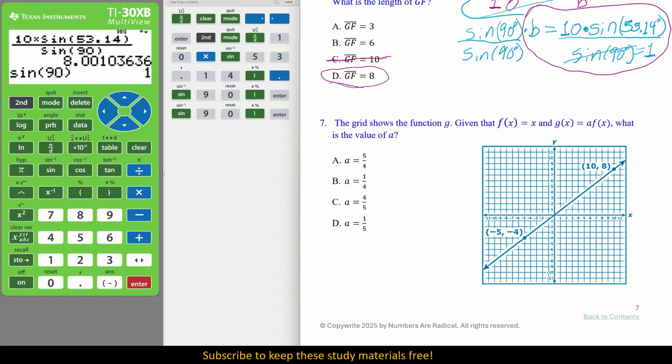They're just trying to confuse you with rhetoric, mathematical jargon. What does g of x really equal, guys? A times x.